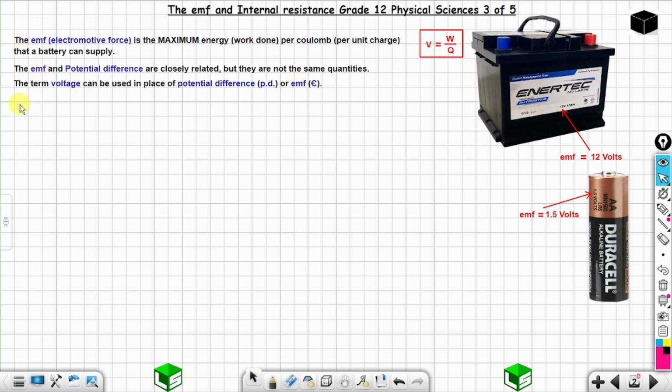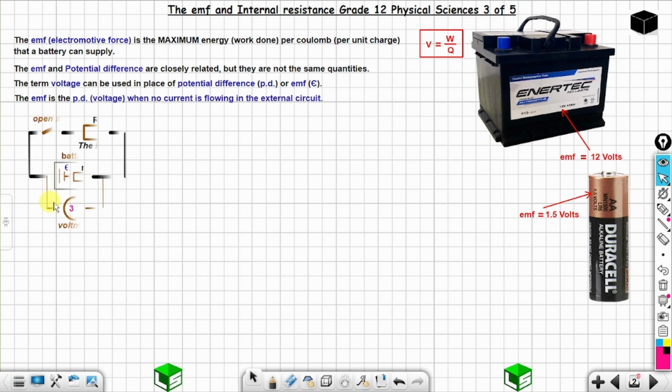Now, in a circuit, the EMF is the potential difference or the voltage when no current is flowing in the external circuit. So you have a circuit and the main switch is open. No current is flowing when the switch is open.